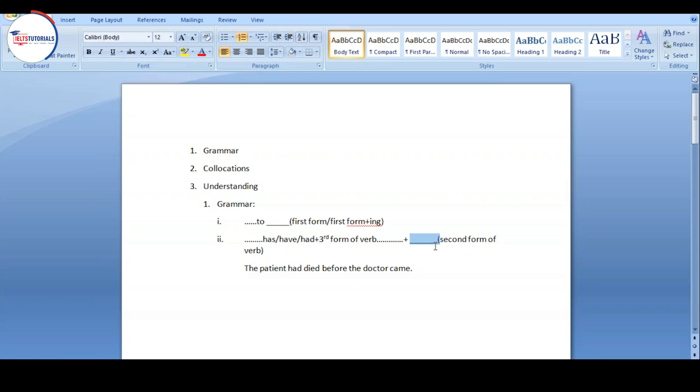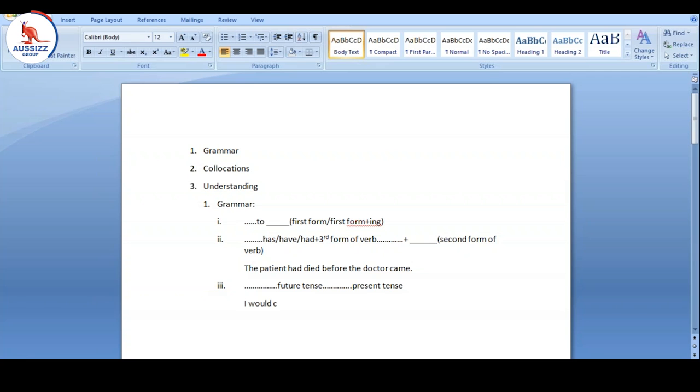One example for this too. I would come only if you help me. I would come, would come. This is the future tense. And if you help me, this is the present tense.